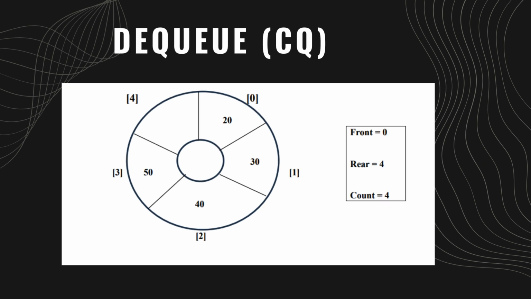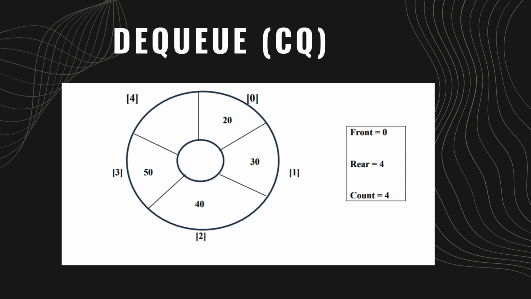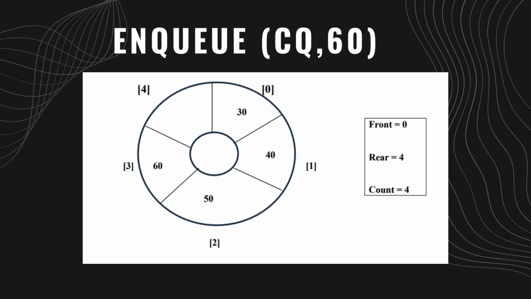They asked to DQ. So if we DQ a value, we have to DQ the first value which is 10. Okay, if we DQ 10, the rear and count would be 4. DQ again, delete another value, it would change to 3, rear and count. And NQ60, the rear and count would be 4.